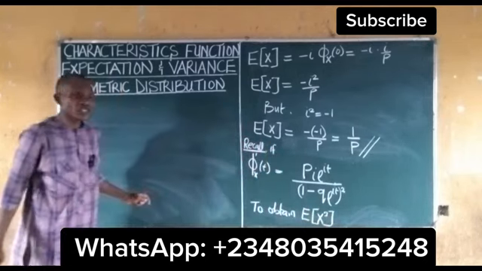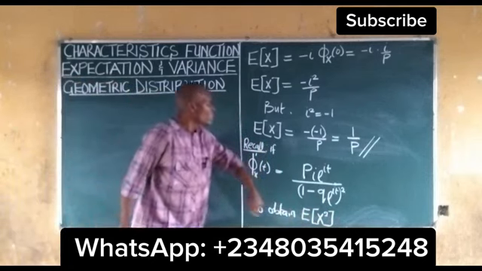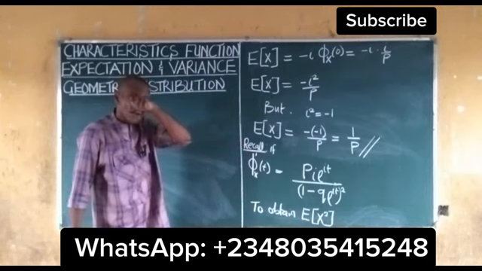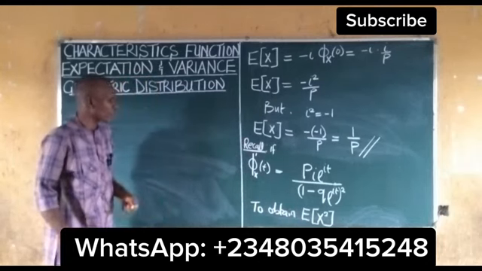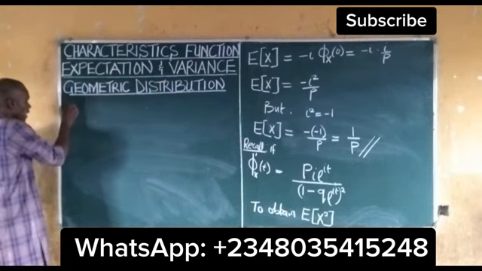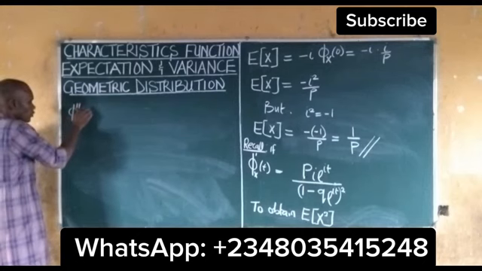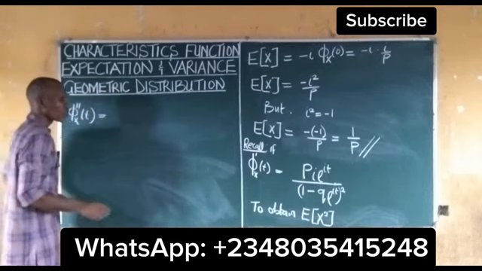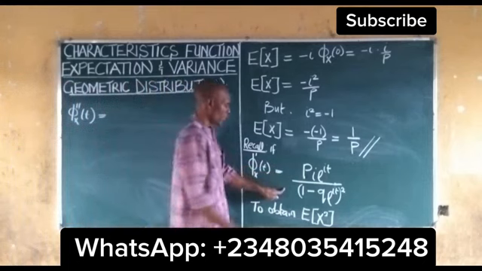The reason is because we must obtain this to be able to get our variance. So our expected value of x squared comes from the second derivative of the characteristic function, which means we have to differentiate this function again.